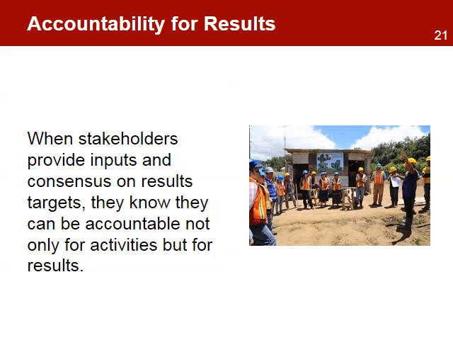With a participatory approach, all stakeholders provide input and consensus on results targets. In this sense, because stakeholders participated in defining results targets, they are confident that the targets can be met and are therefore willing to accept the responsibility of achieving them. Stakeholders will also accept accountability for results when they feel empowered.